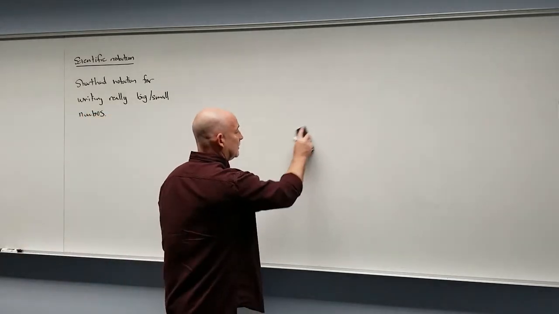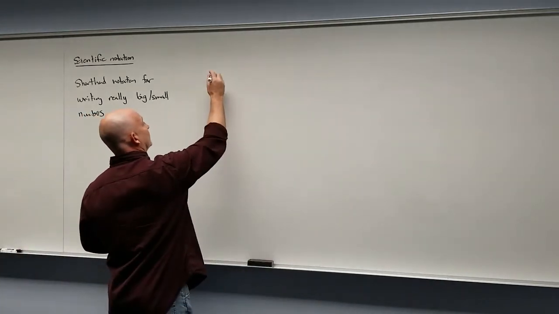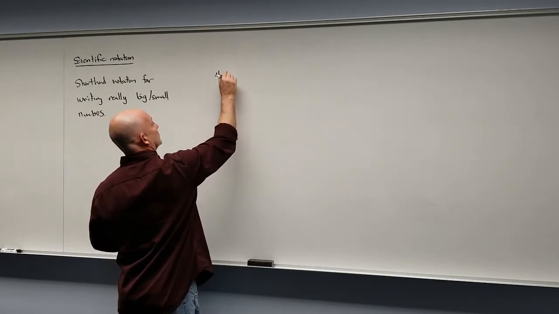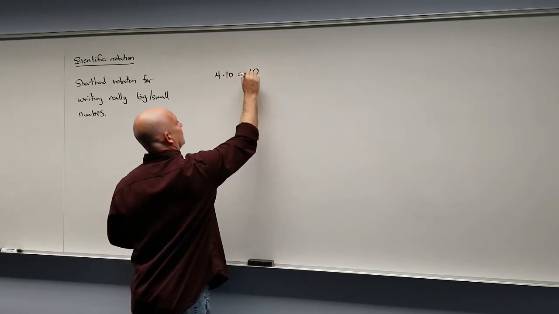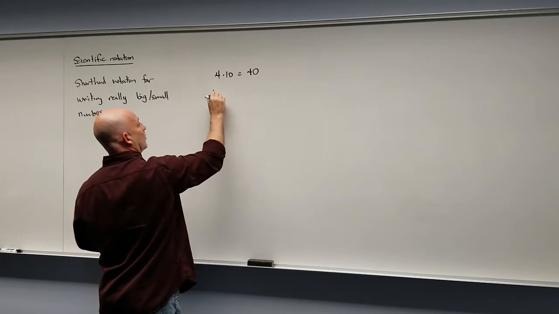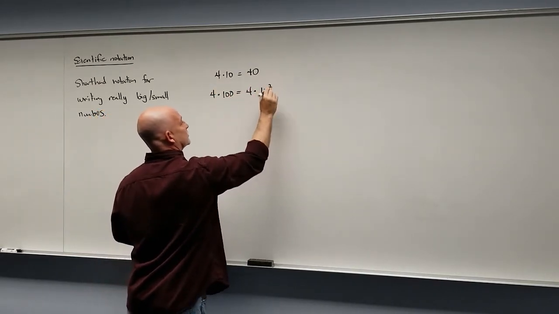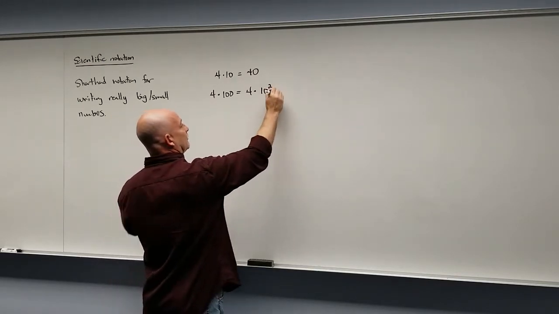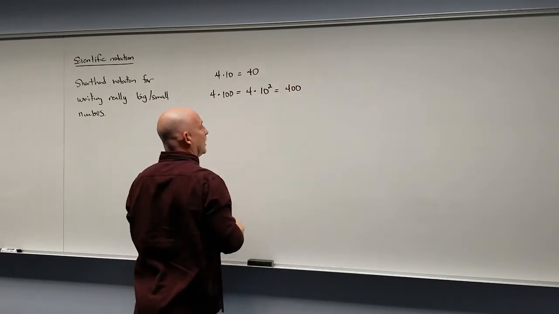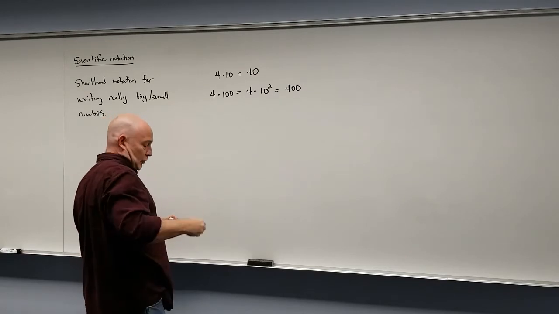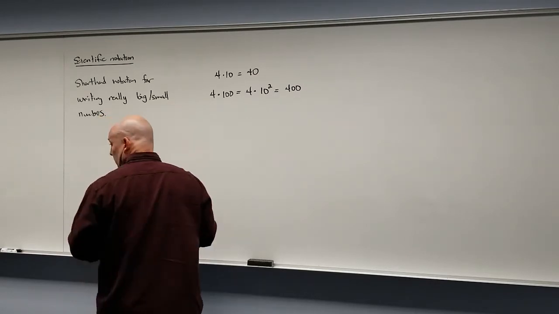So the idea here is, let's just take a look at what happens. If I said 4 times 10, of course that is 40, right? If I had 4 times 100, which I can write as 4 times 10 squared, that's 400. Notice what's happening to our decimal place.